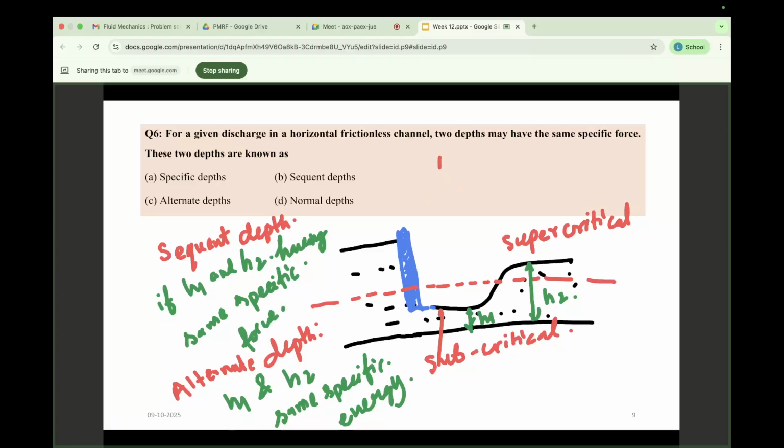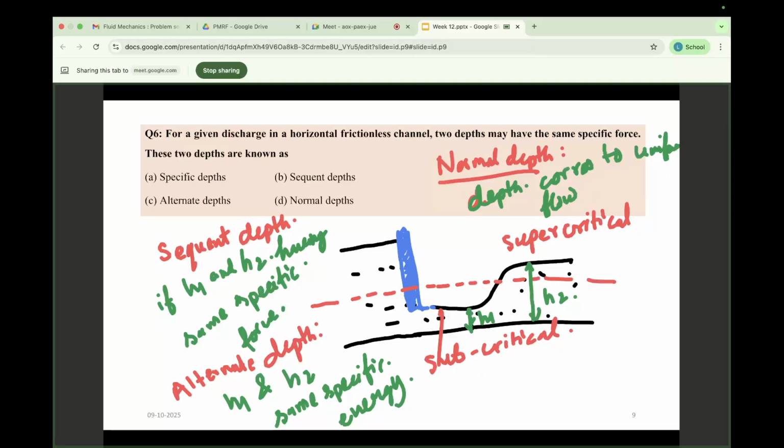Normal depth basically means uniform flow. That means there is no hydraulic jump. This is the depth corresponding to uniform flow.